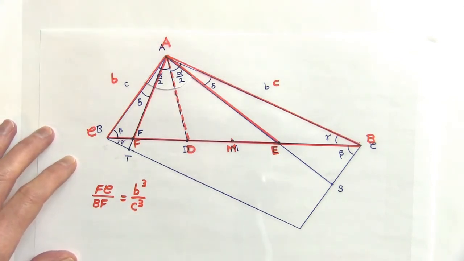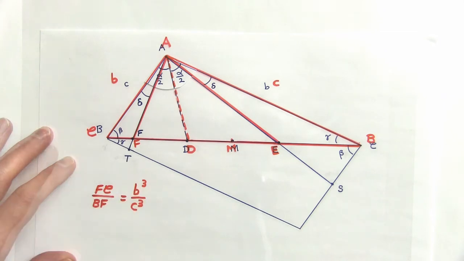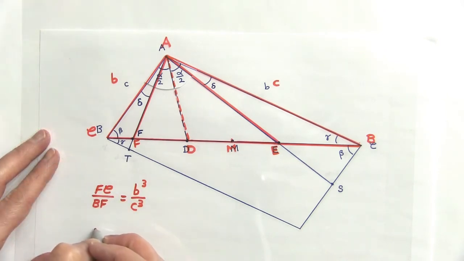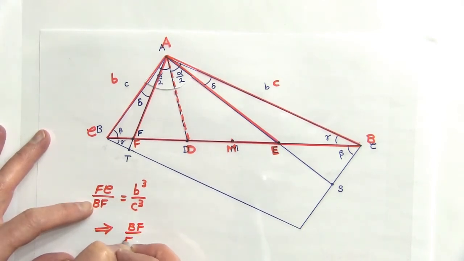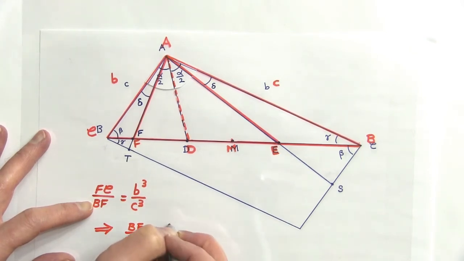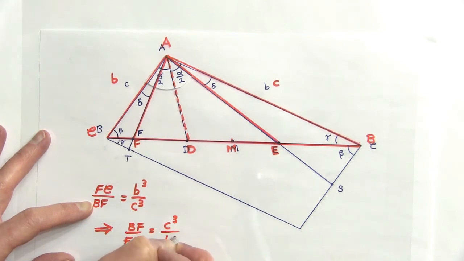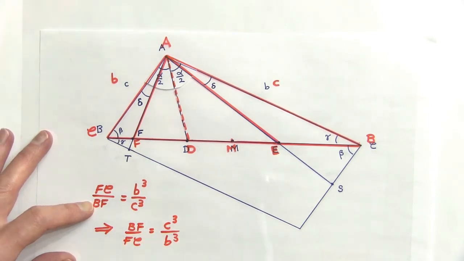And so, if I take the reciprocal of both sides, we still have that BF over FC is C cubed over B cubed.